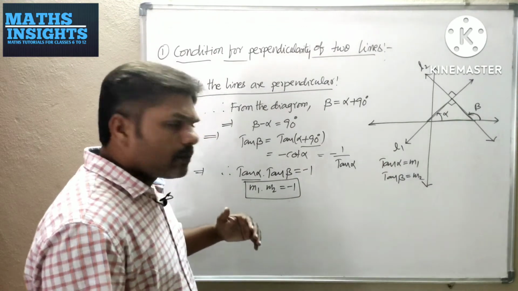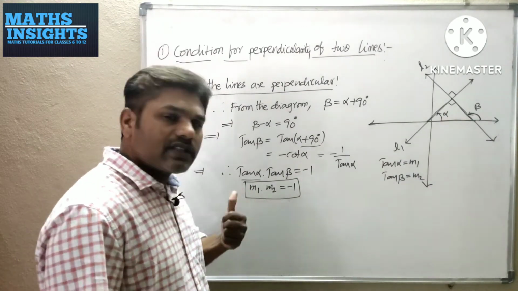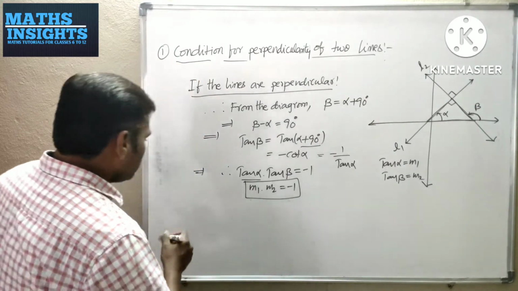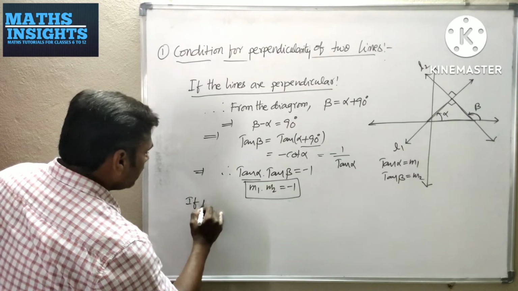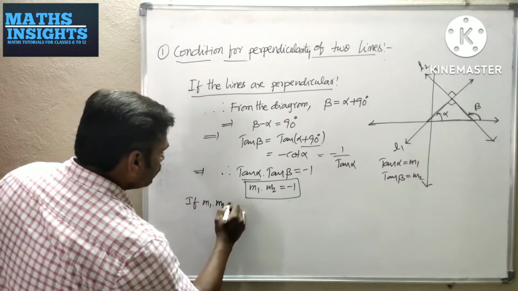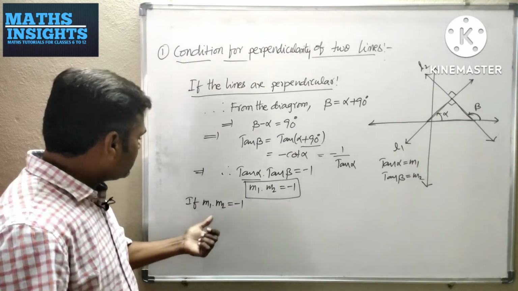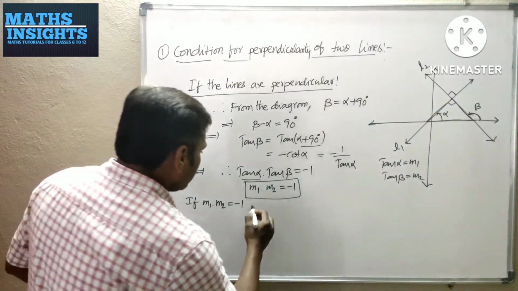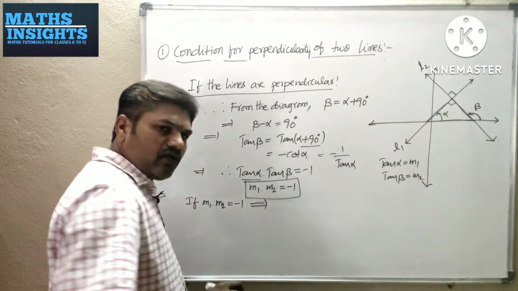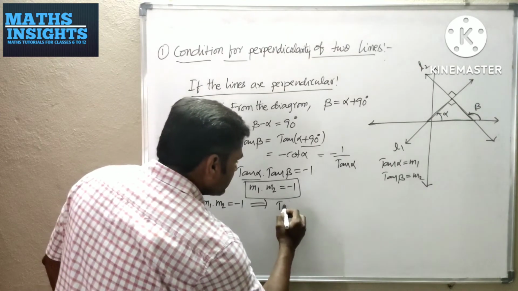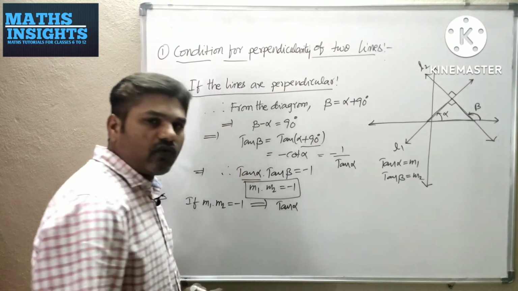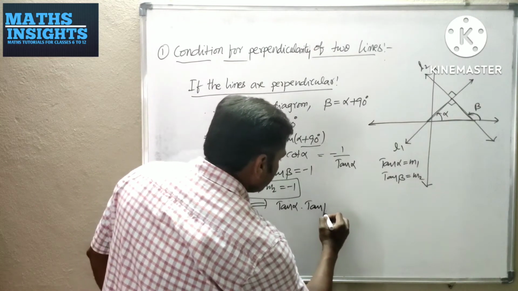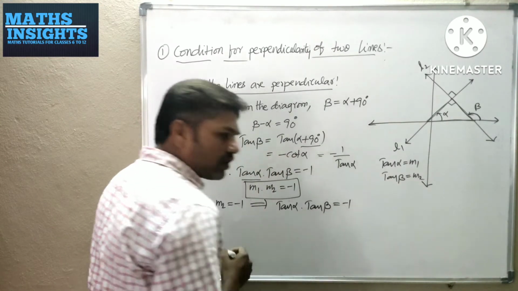Conversely, if the product of their slopes is minus 1, then they are perpendicular. So if m1 into m2 is equals to minus 1, where m1 is the slope of the first line and m2 is the slope of the second line, we can write m1 as tan alpha and m2 as tan beta, so the product is equals to minus 1.